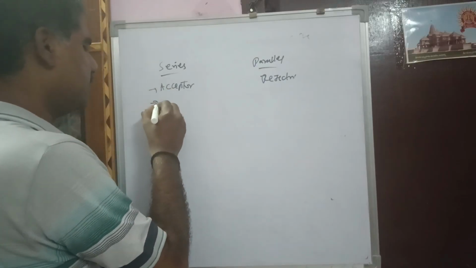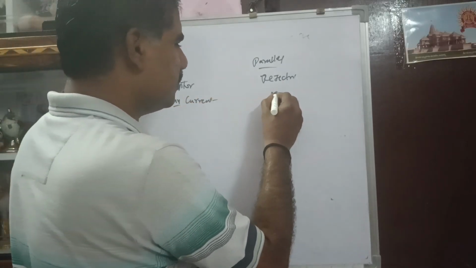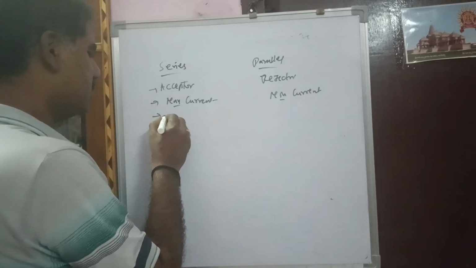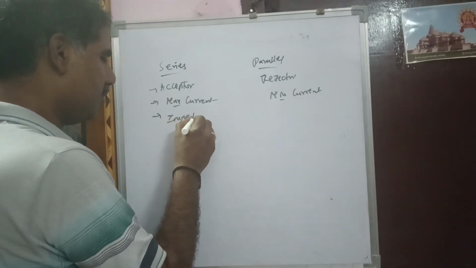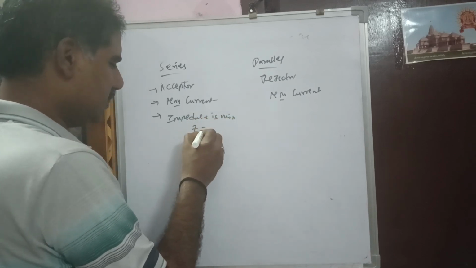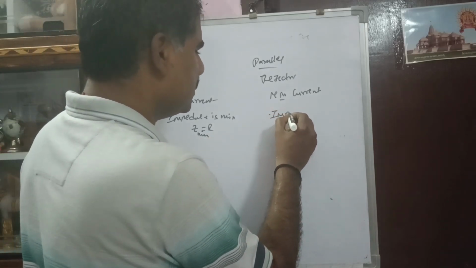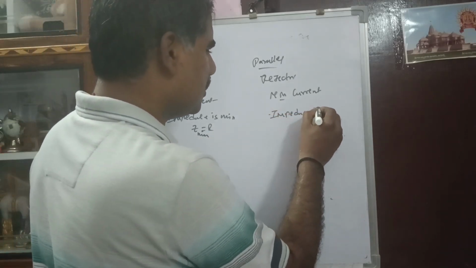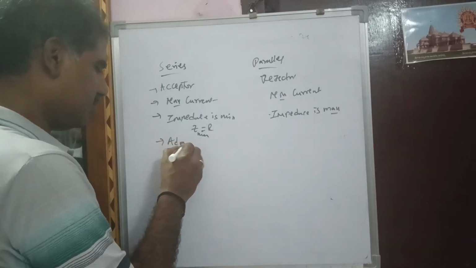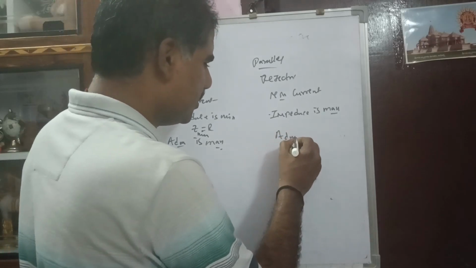It allows maximum current flow; the other allows minimum current flow. In the series, impedance is minimum, that is Z minimum is equal to R. In the parallel, impedance is maximum. In the series, admittance is maximum; in the parallel, admittance is minimum.